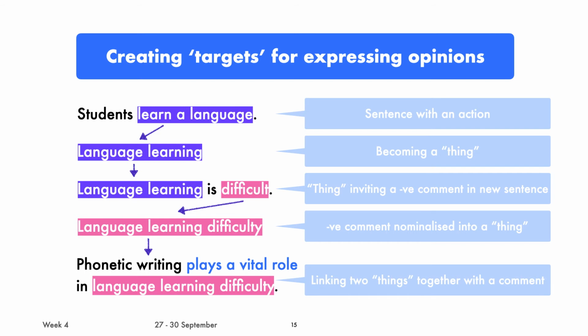I don't know whether it's a positive or a negative thing at the moment, but at least the adjective vital has a positive meaning, meaning that the first phenomenon stated in the subject, phonetic writing, has importance. Because a thing is important, it is worth discussing. Otherwise, it isn't worth talking about in journal papers or in essays.